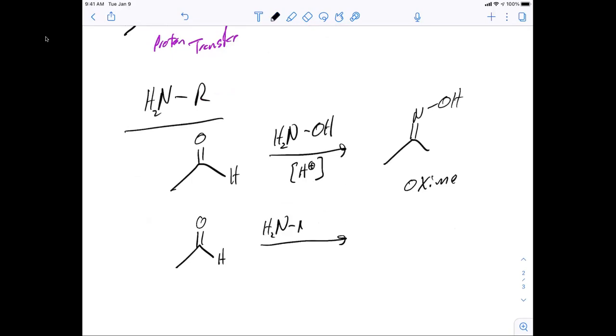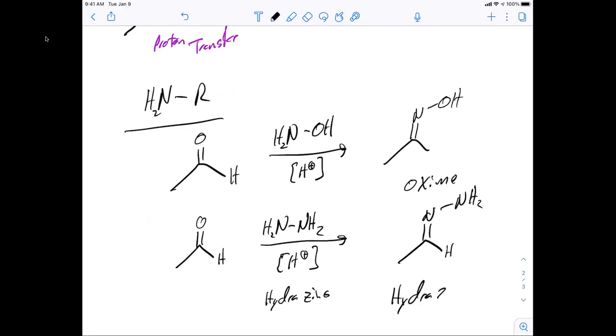I take this species with the hydrazine, I'll get the hydrazone. So there's a whole group of these.